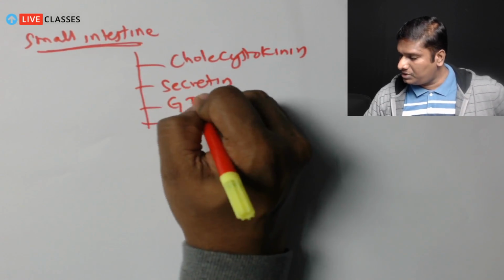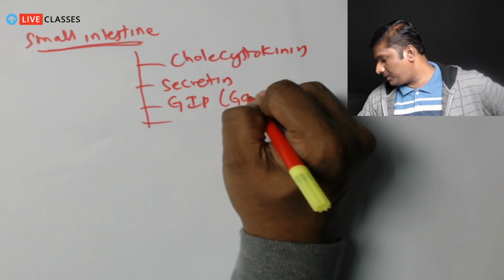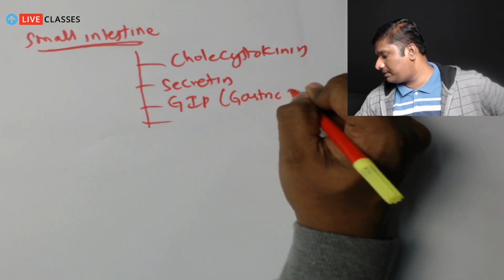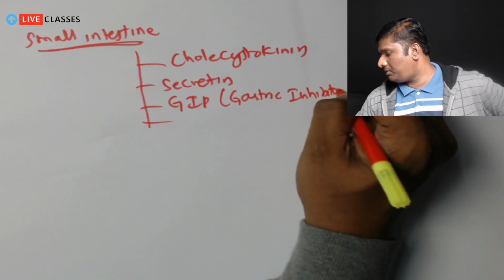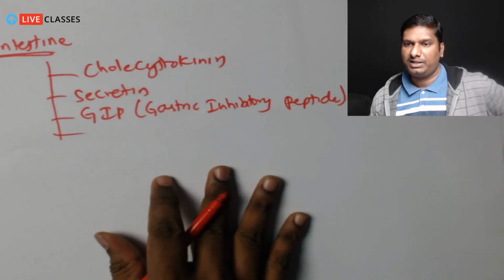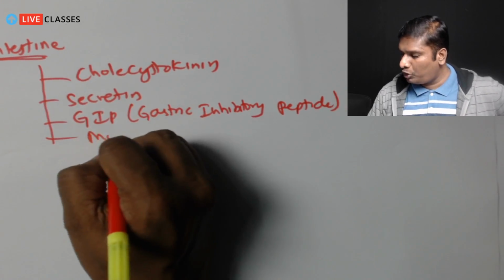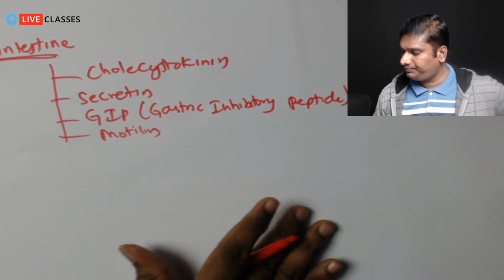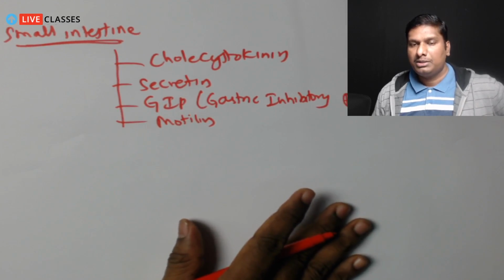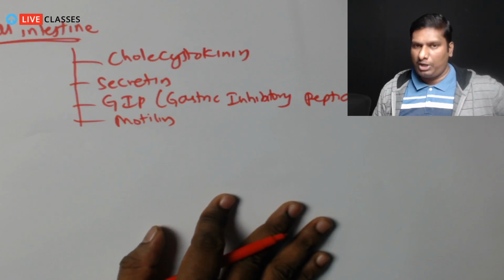Then you have GIP, which is gastric inhibitory peptide. And then finally you have motilin. So these are the 4 hormones which are actually secreted by your small intestine.